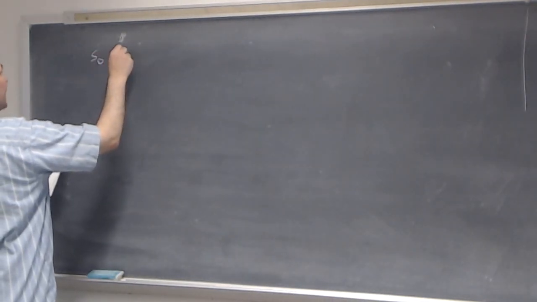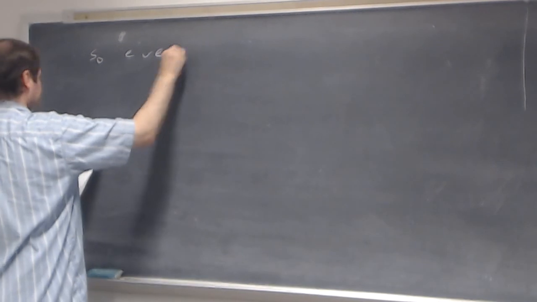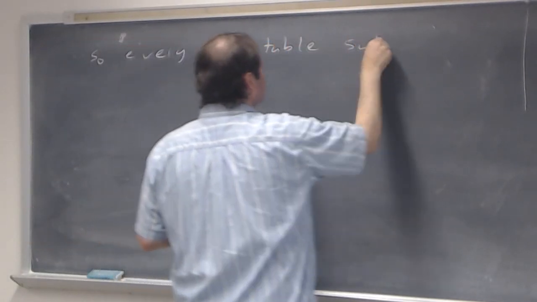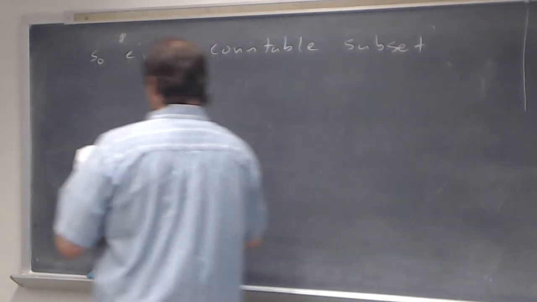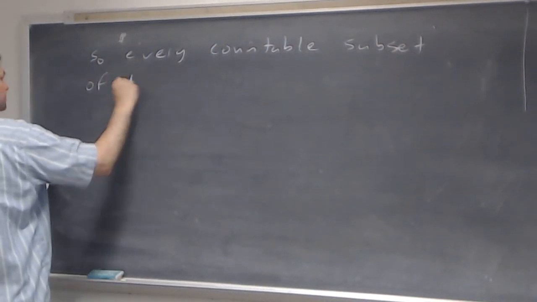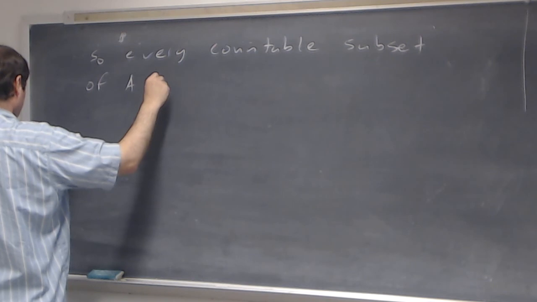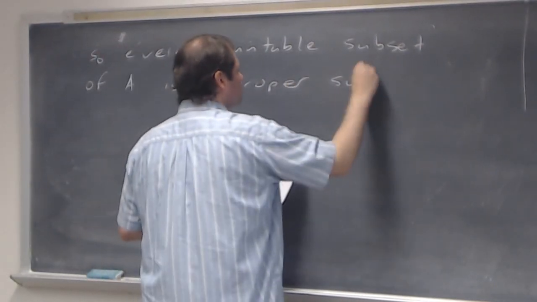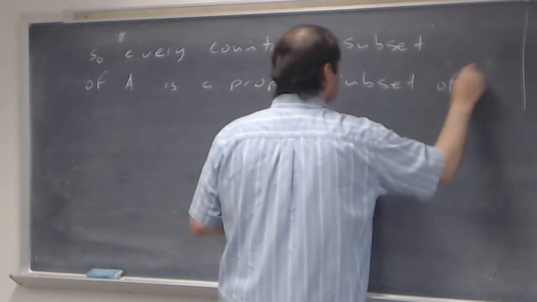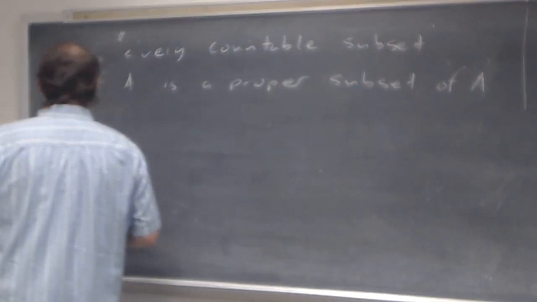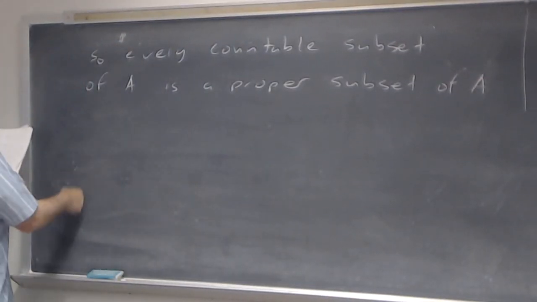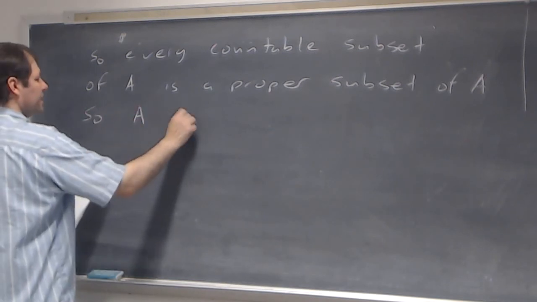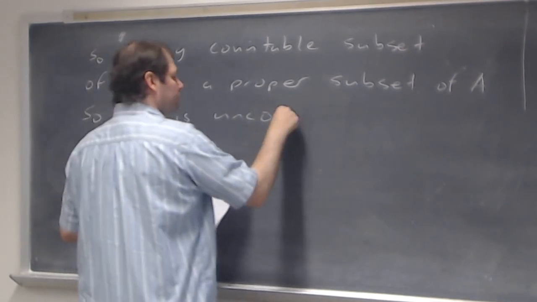So, what we've just shown is that every countable subset of A is a proper subset of A. So that means A is uncountable.